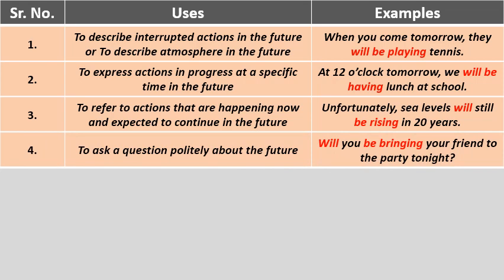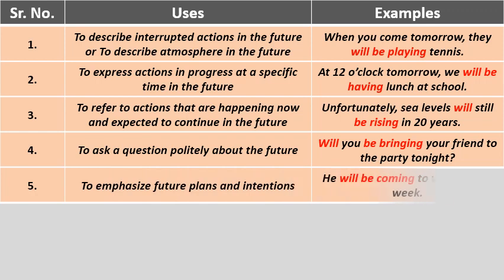For example, will you be bringing your friends to the party tonight? Number 5. It is used to emphasize future plans and intentions. Or we can say that it is used when the future action is the result of a previous decision or arrangement. For example, he will be coming to visit us next week.